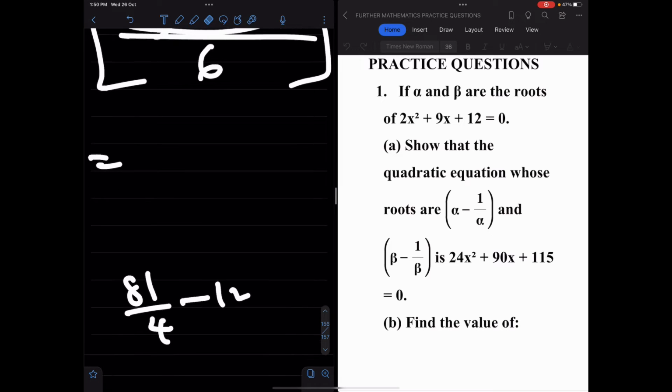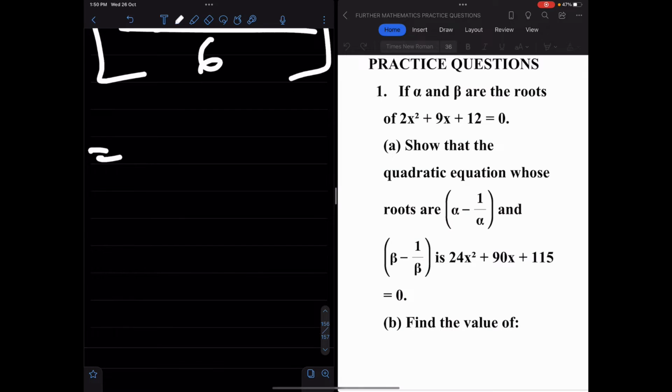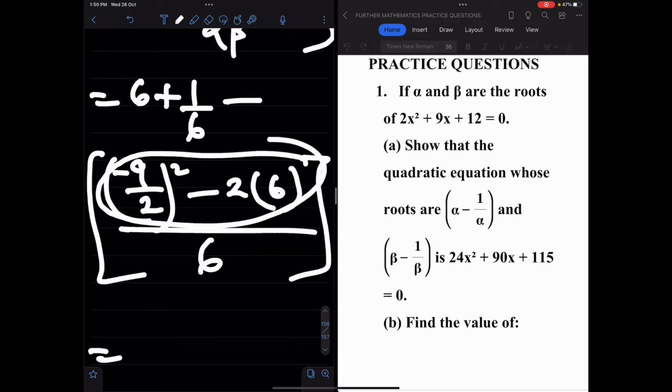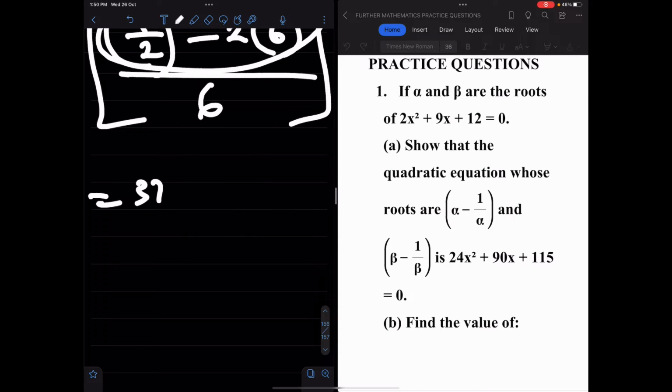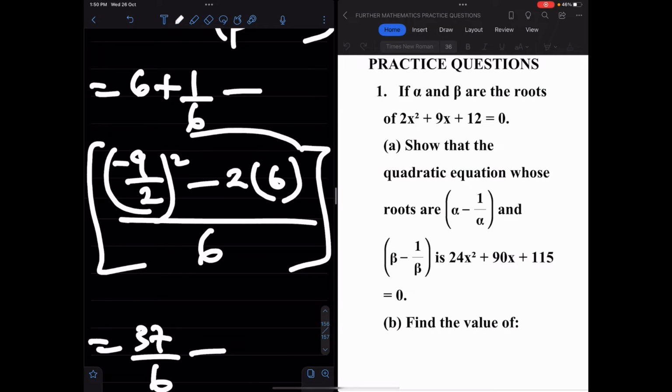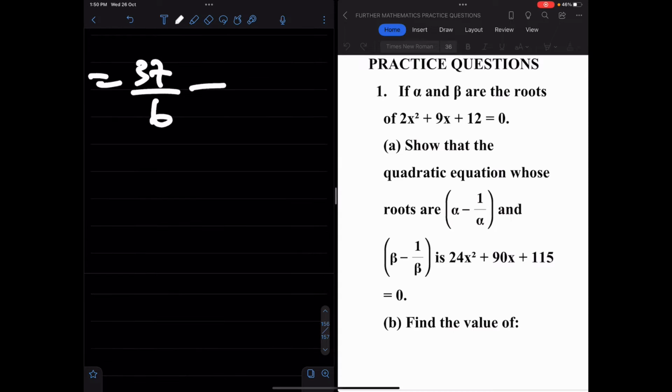I'll go over that again in a second. 6 plus 1 over 6 is the same as 37 over 6 minus, now this numerator is the same as 81 over 4 minus 12. So let me do that here.